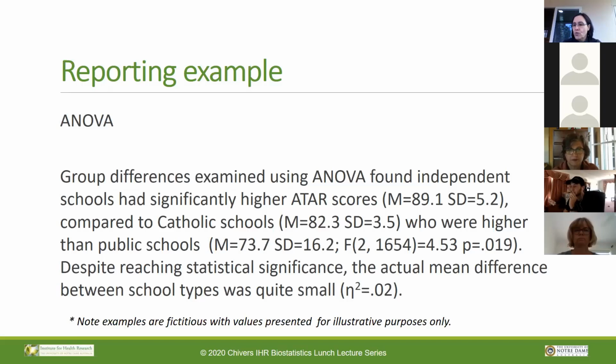I've suggested who are higher and who are lower. But then I've got this caveat statement. Despite reaching statistical significance, the actual mean difference between school types was quite small, and that's based on an effect size. So here you can see that the differences are statistically significant, but the effect size is small. So that's another possible scenario that you might have.